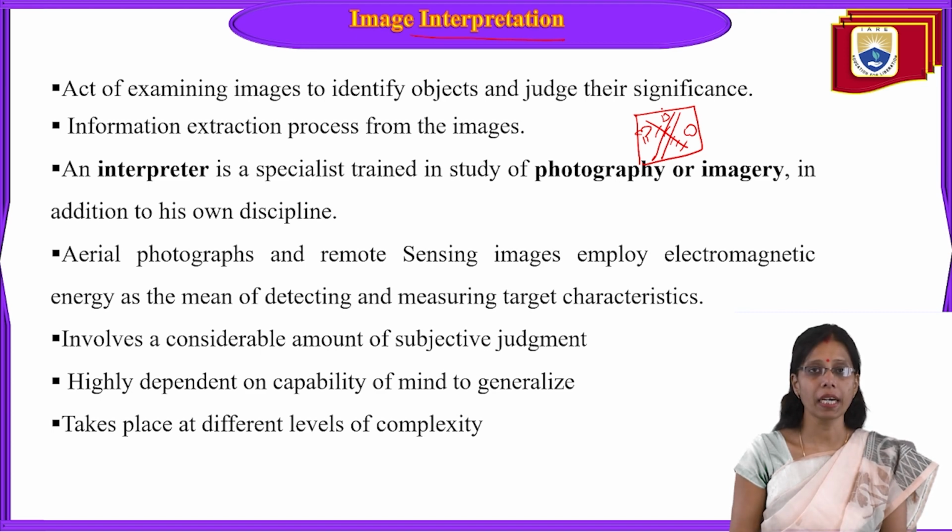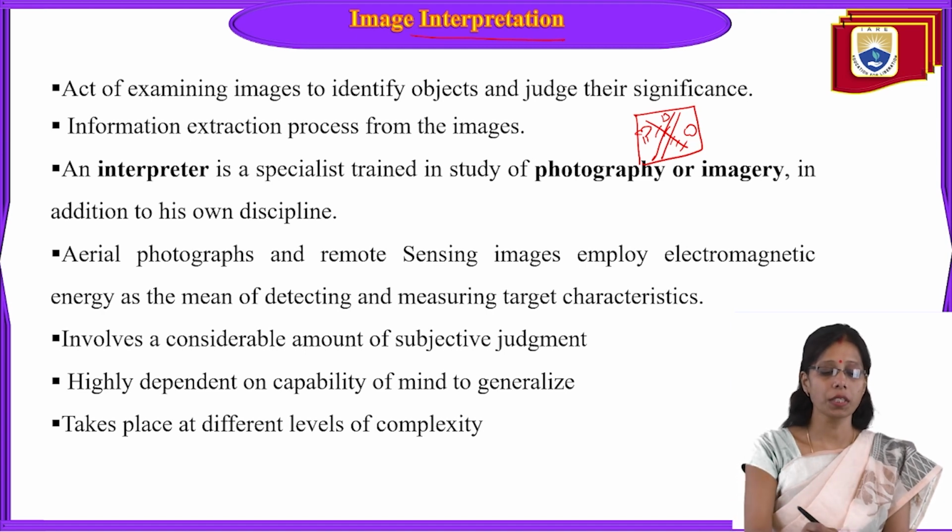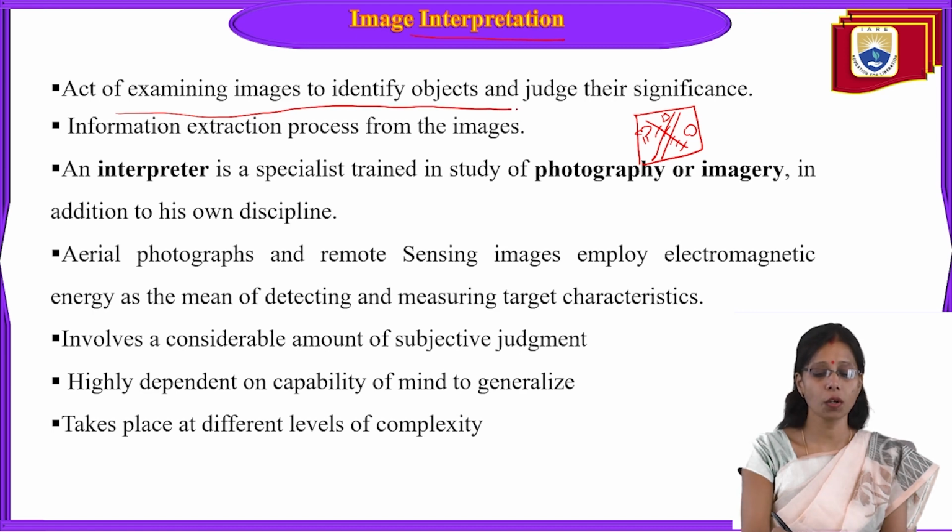For interpreting an image, a person should be skilled and should know the types of features in the image. How do they identify the features? How do they understand the features? If they understand the features, they are able to read the image. It's called interpretation. So what is image interpretation? It is the act of examining images to identify objects and judge their significance.